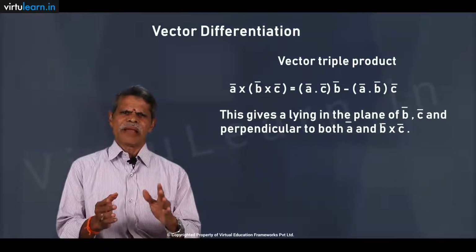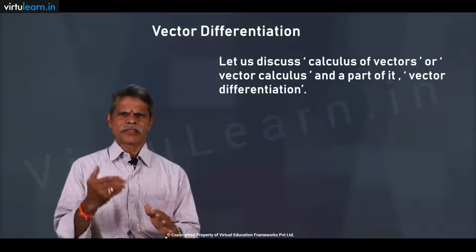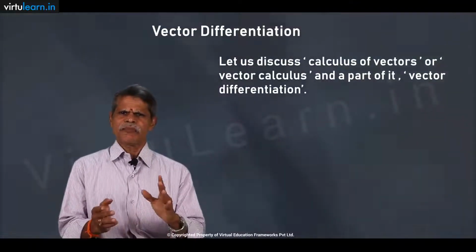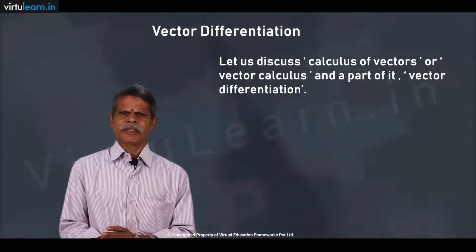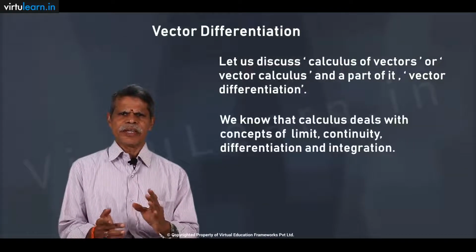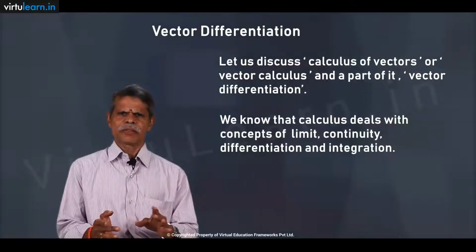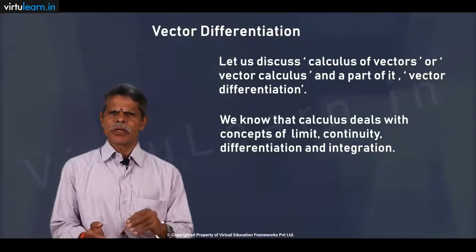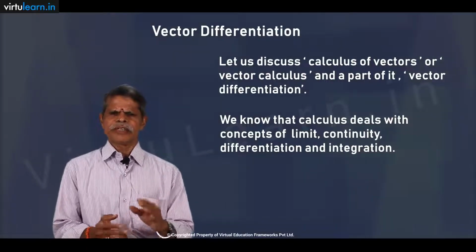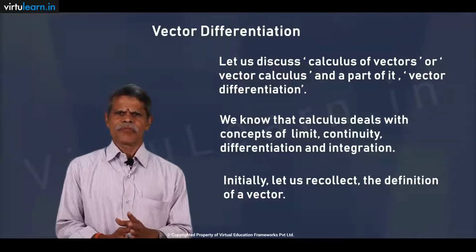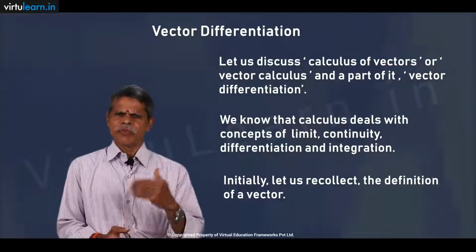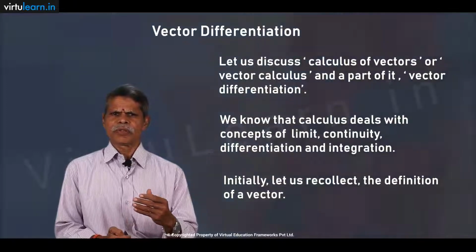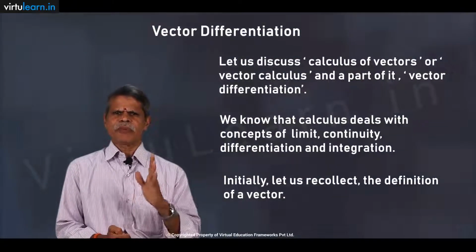With this background information, let us now go for vector differentiation. As we already recollected, calculus deals with limit, continuity, differentiation, integration and related aspects. Initially, we go for vector differentiation. When we want to discuss vector differentiation, let us think of the position vector of a particle.